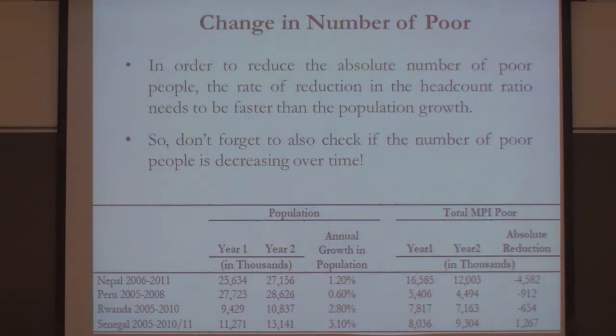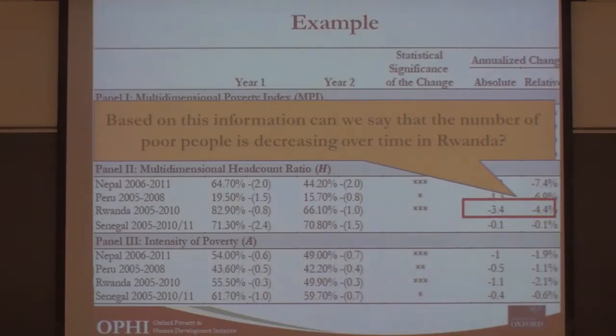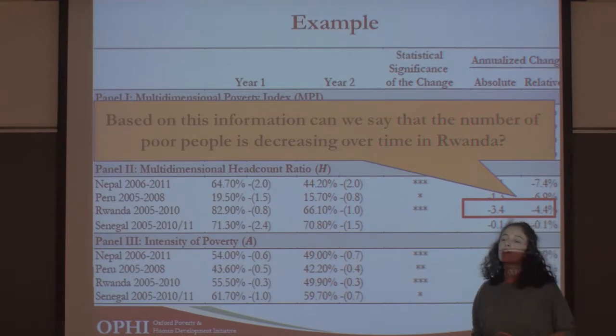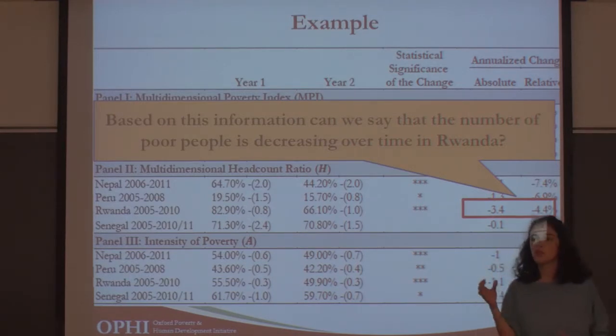There's a question. Yes, this was already raised, right? If your population is increasing by, let's say, 5%, then it will be captured by the headcount ratio. No, because the headcount ratio gives me a proportion. It gives me the proportion of people who are poor in each year.